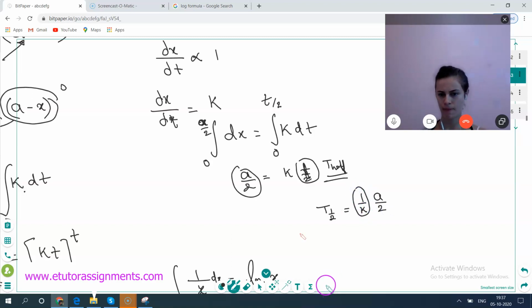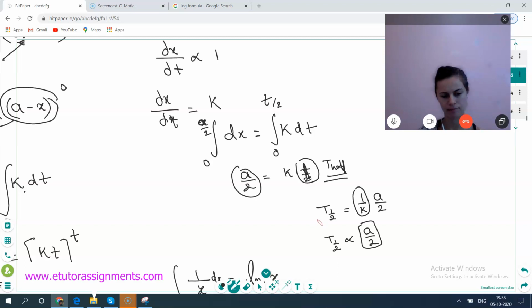Is it clear? It means t half is proportional to A by 2. Is it clear or not? t half is proportional to A by 2. Yes, clear?